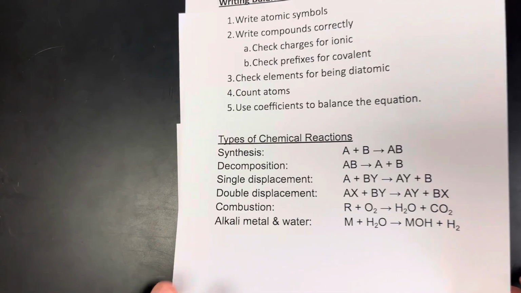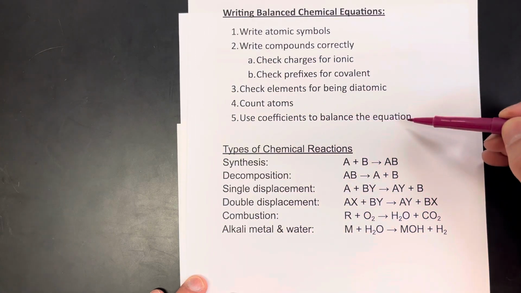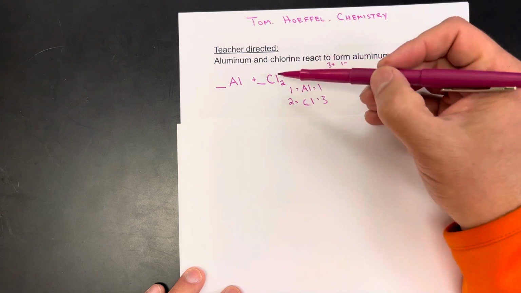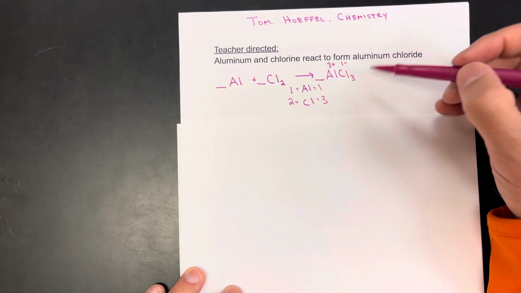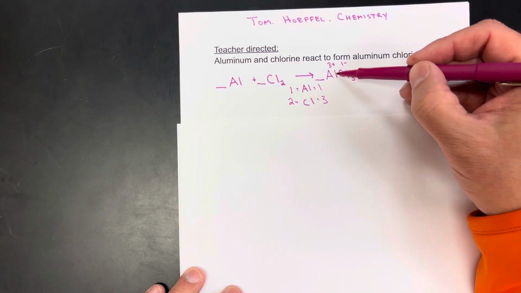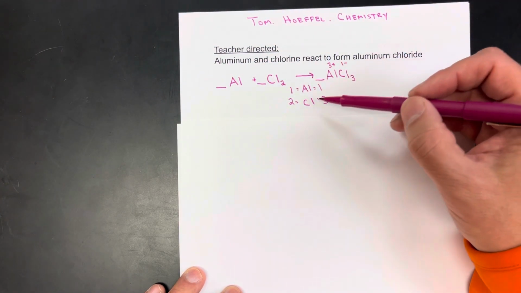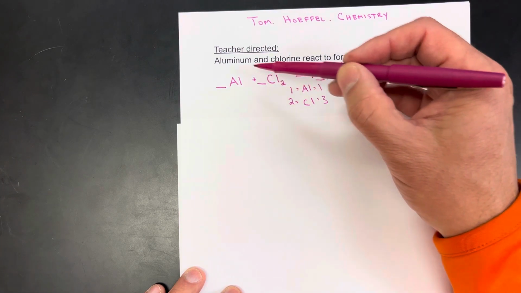After I count my atoms, it says use coefficients to balance the equations. I can't use the subscripts anymore because the subscripts were used for formula writing. So remember, subscripts are for formula writing, and then to make the left and right hand side of the arrow equal is when we use coefficients.